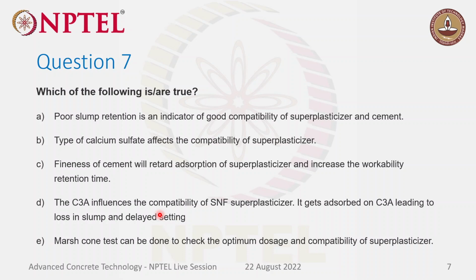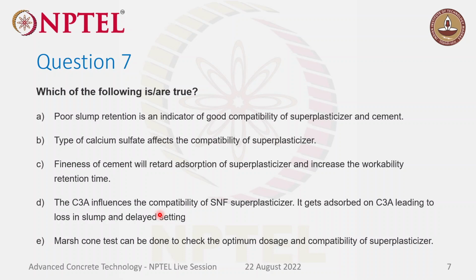Just think and answer. And then coming to option B, calcium sulfate, which is nothing but gypsum. The type of calcium sulfate, either it's going to be dihydrate or hemihydrate or anhydrate. Calcium sulfate affects the compatibility of superplasticizers. Sir has discussed the type of calcium sulfate which will affect the compatibility of superplasticizers.